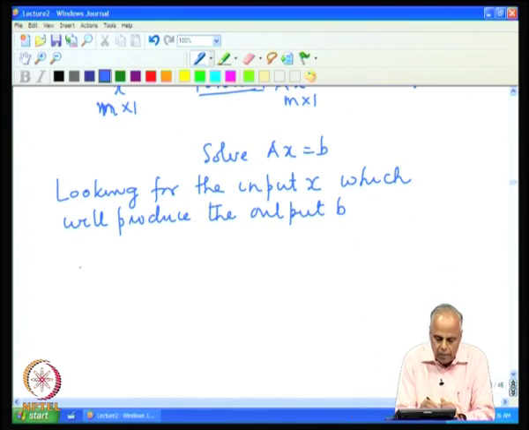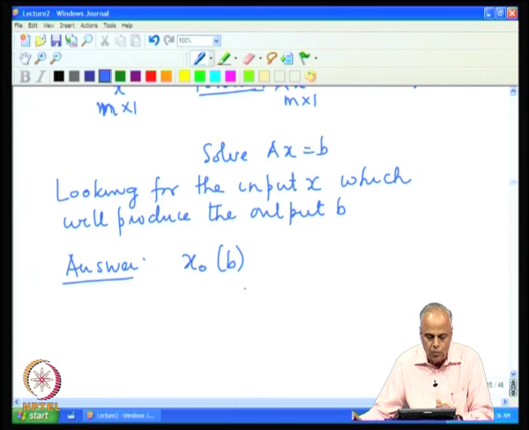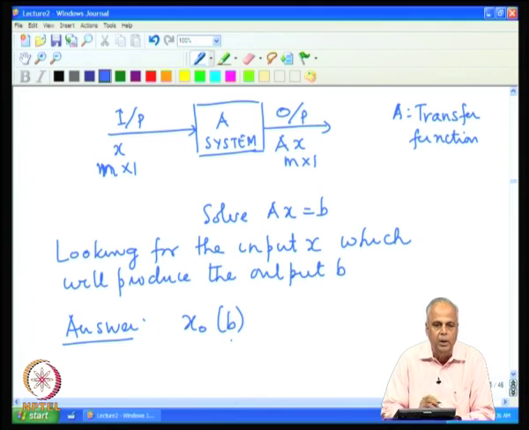Our answer should be that x naught b. What do you mean by x naught b? Whenever there is only one input that produces the desired output b, x naught b will be that. Whenever there are several inputs which produce the same output b, then x naught b will be the representative input which produces b.